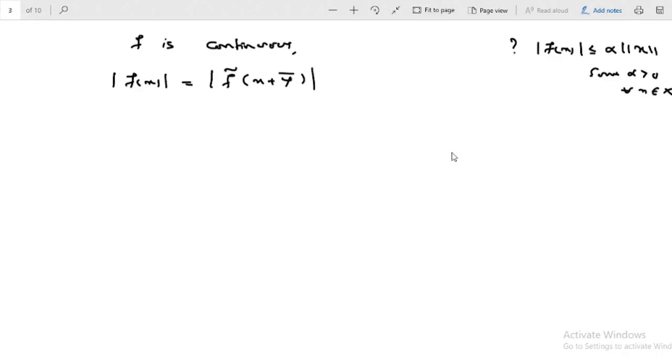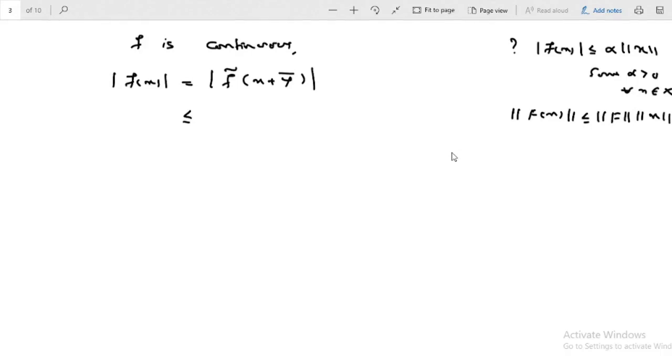And we know that this f tilde is continuous. By theorem 6.6, norm f of x is less than or equal to norm of f into norm x. Norm f of x is less than or equal to norm of f into norm x for f belongs to Lxy.